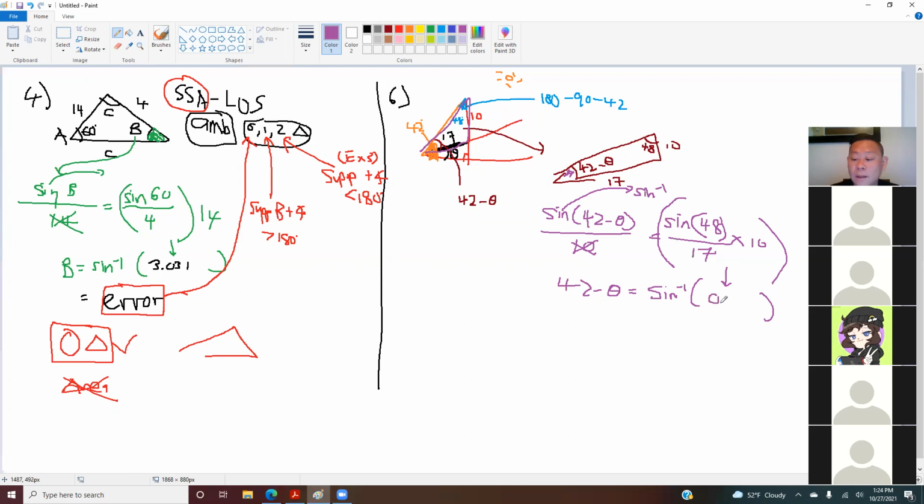What you have here is your ANS, which is a bunch of decimals. Please don't round this; use all your decimals. Arc sine of ANS. So what does 42 minus theta equal? Anyone got an answer here?